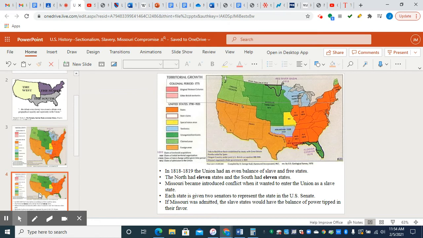So there were 22 Northern senators and 22 Southern senators. If another state adds to the Union and comes in as a slave state or a free state, what's the problem? Depending on whether it comes in as a slave state or a free state, it changes the balance in the Senate and therefore potentially makes that side of the country more powerful in the Senate.